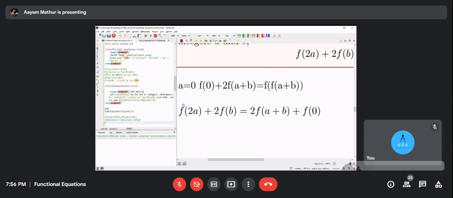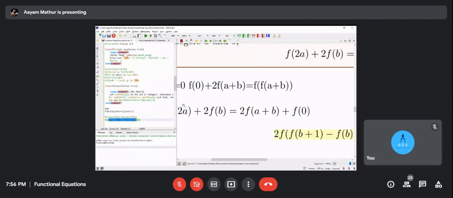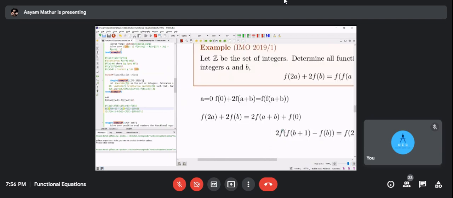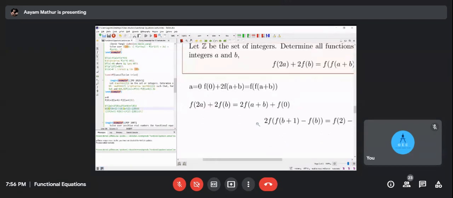Right. And what this tells us is that the difference between two consecutive terms is constant.